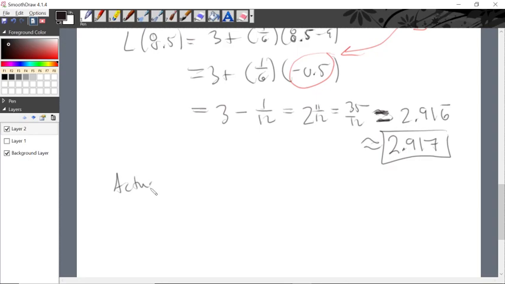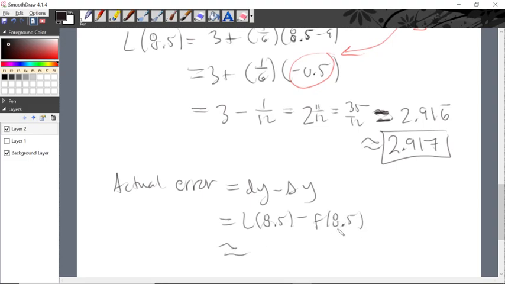Now the actual error is dy minus delta y, but is also found by finding L of 8.5 and subtracting f of 8.5, and for that we need to know what the square root of 8.5 is to better accuracy.